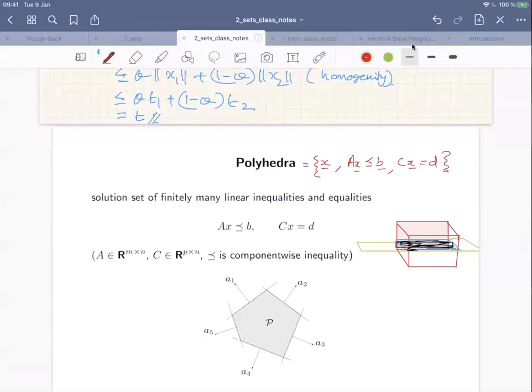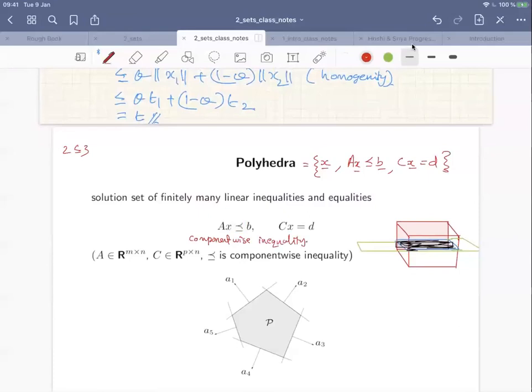One important thing here is that we are using a special notation for inequality like this. This is not like when we say 2 is less than or equal to 3, right? This is different. Here we are comparing two vectors, so this is component-wise inequality.